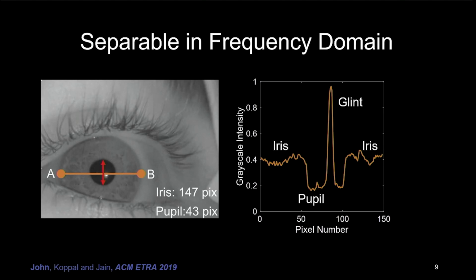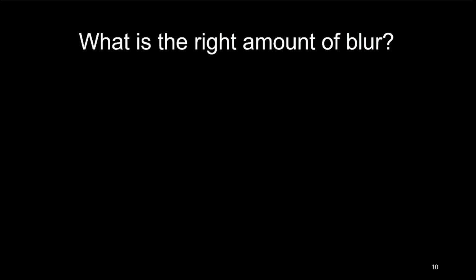What I mean by this, I plotted the grayscale intensity values from line A to B. You see these squiggly high frequency features for the iris, it drops down to the black pupil region, we see a nice Gaussian bump, low frequency, for our corneal glint from our lights, and then we come back up to the iris pattern. Being imaging science people, we can think about this as, well, we can separate them. We could use something like a low pass filter and only let in the eye tracking features. And that's exactly what we did.